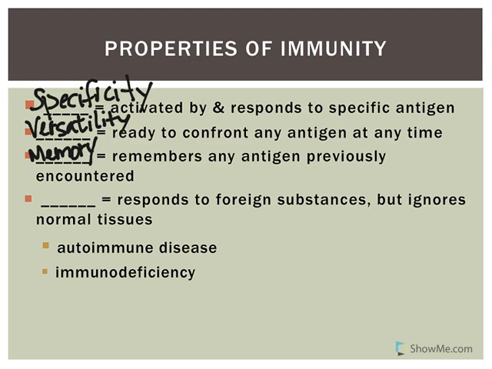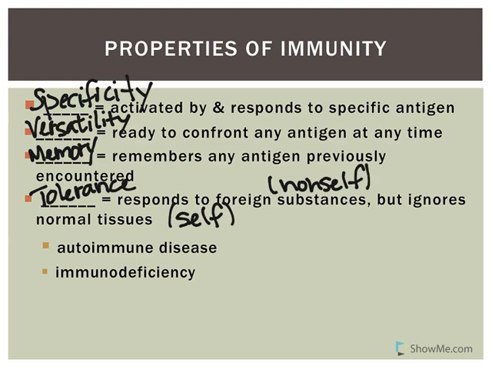Now, we also have the immunity, though, has to have some sort of tolerance. So you must be able to respond to foreign substances, non-self, but ignore your normal tissues or yourself. So we have to be able to distinguish between self and non-self. But you do have conditions where we have too little tolerance or too much tolerance.